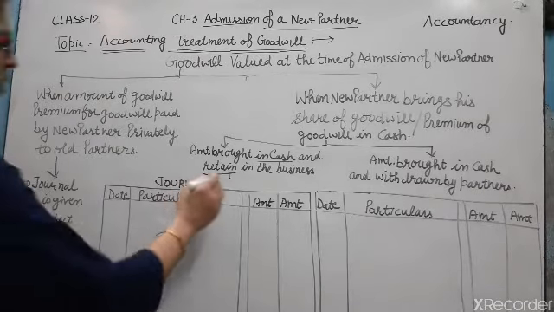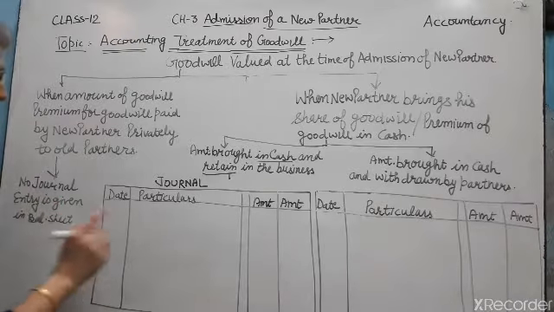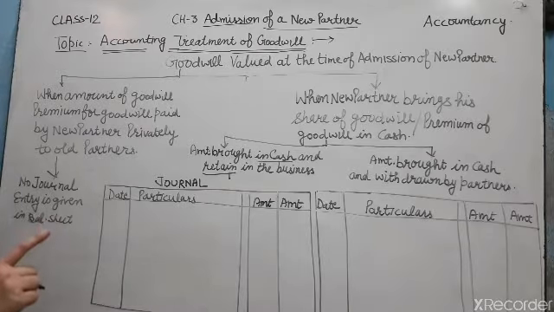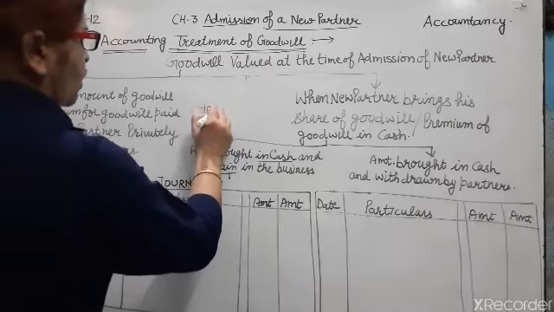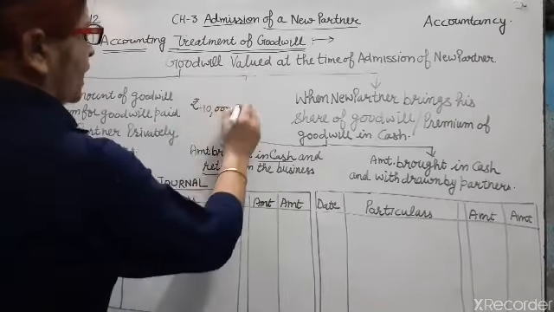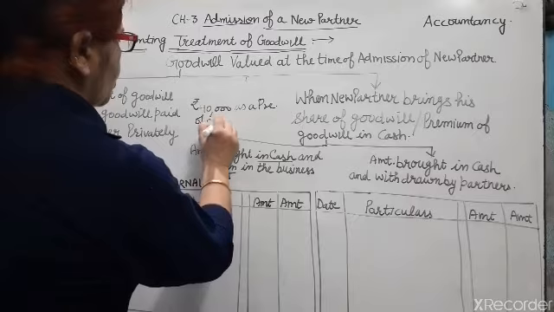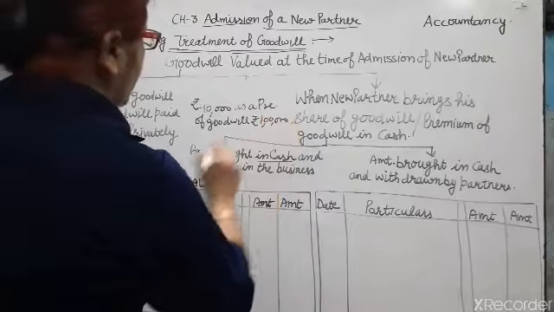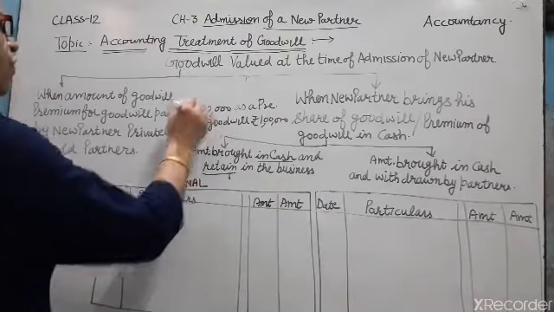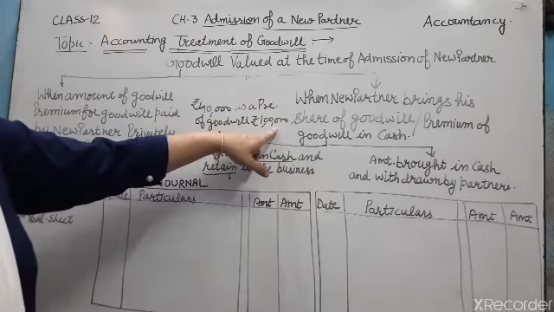So the first method, when the amount is retained in the business, we make two journal entries in the books of account. The first entry is for bringing the share of goodwill. For example, C is admitted and he brings rupees 40,000 as a premium for goodwill and rupees 1 lakh for capital. That means the new partner brings 40,000 as his share of goodwill and 1 lakh for his share of capital.